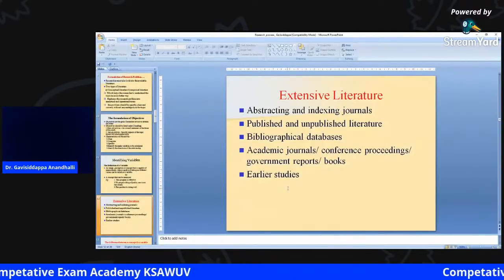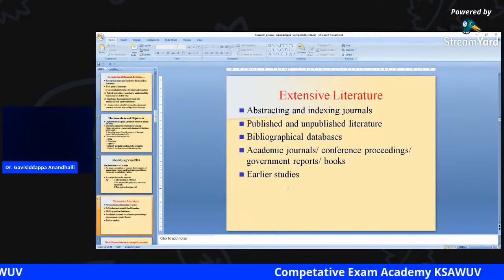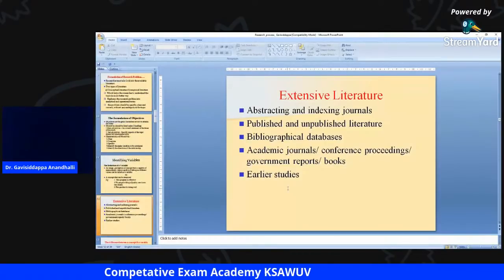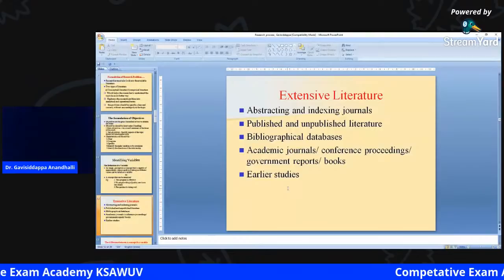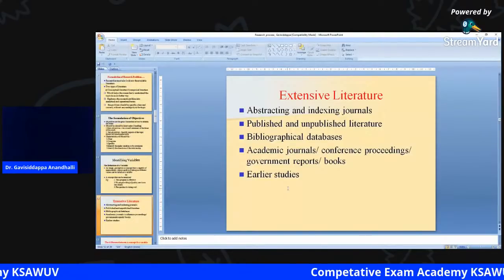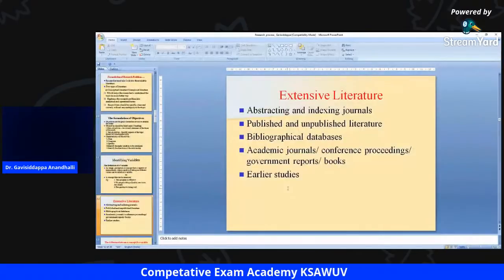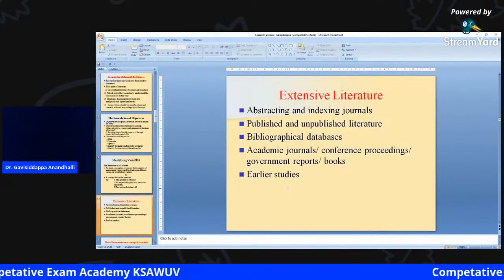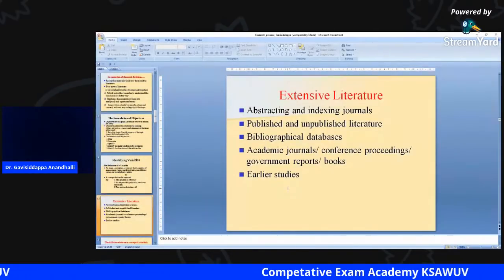Okay, so collect a good amount of literature related to your topic and study it. We have bibliographical databases nowadays. In library sense, we have LISA and LISTA databases. So for searching the specific topic, just give the keyword, you get the number of works that have been carried out.